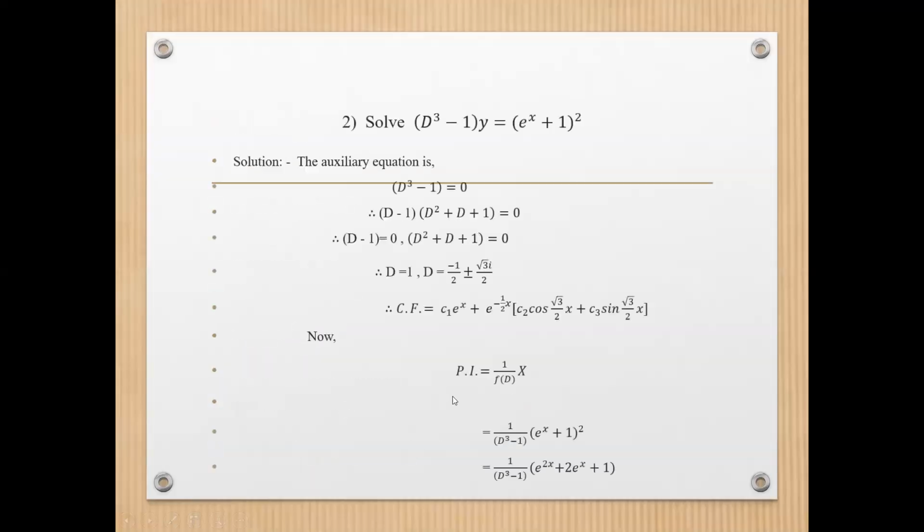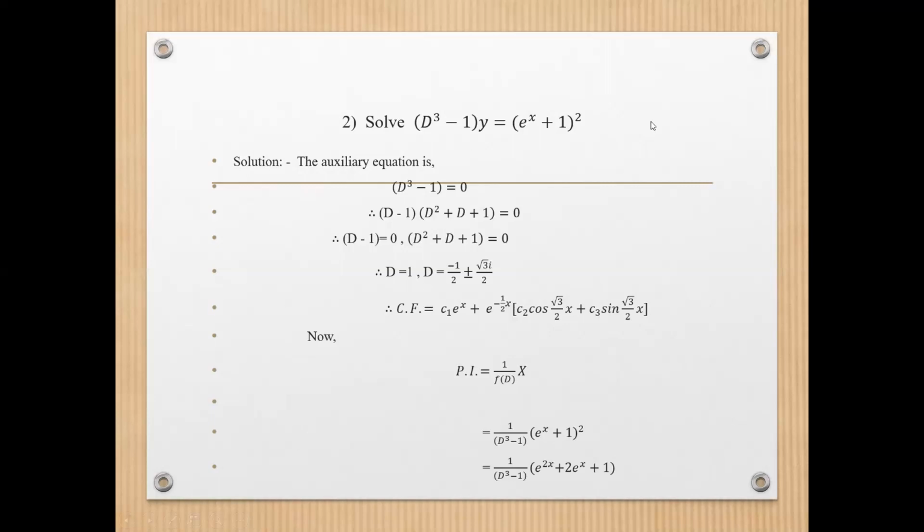See example number 2. We have to find a solution of this. Here, what is the right hand side? e raised to x plus 1, whole square. But we have seen in type number 1 that the right hand side of that equation must be of the form e raised to x.